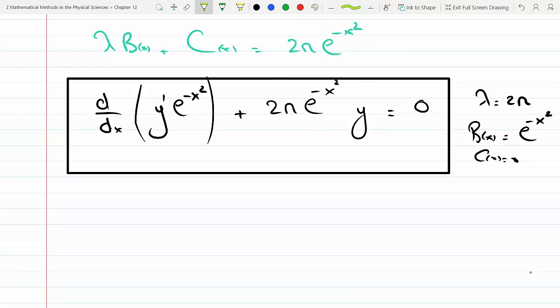Okay, let's move to the Laguerre equation. Laguerre, however you want to pronounce it.